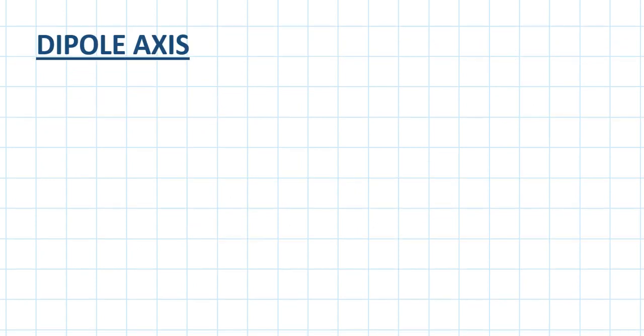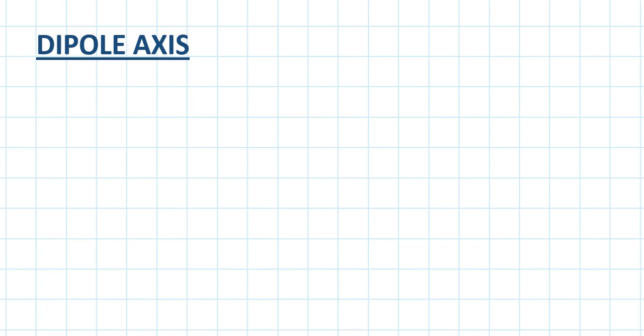So let us first look into our dipole axis, where this region is and what are the points that make up a dipole axis. Actually, this is an imaginary line.